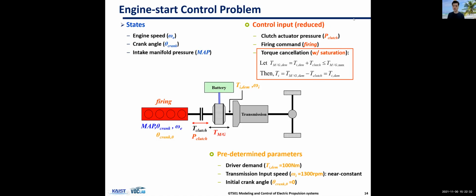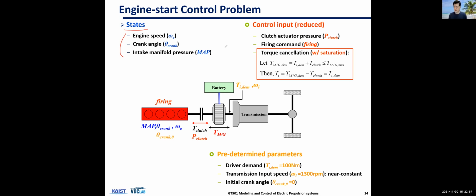So we're trying to identify and organize our model and the control problem. So here, what are the states? Right? We have engine speed, crank angle, and intake manifold pressure. So these three have dynamics, right?